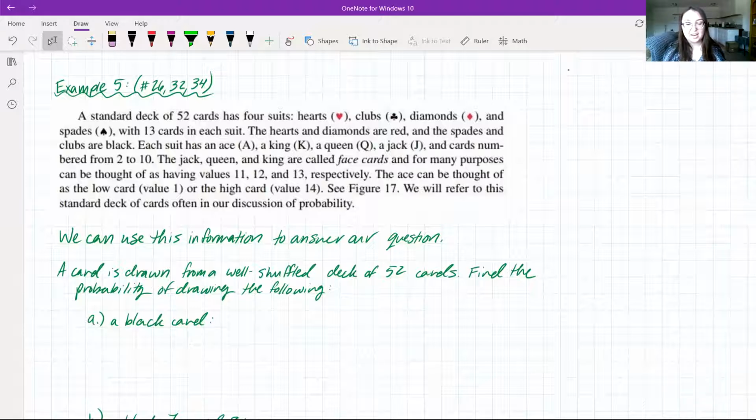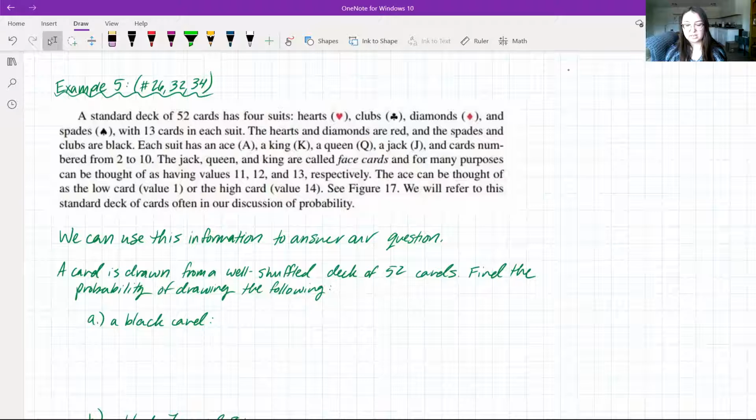Each suit has an ace, a king, a queen, a jack, and cards numbered from 2 to 10. The jack, queen, and king are called face cards, and for many purposes can be thought of as having values of 11, 12, and 13, respectively. The ace can be thought of as the low card of value 1, or the high card, value 14.